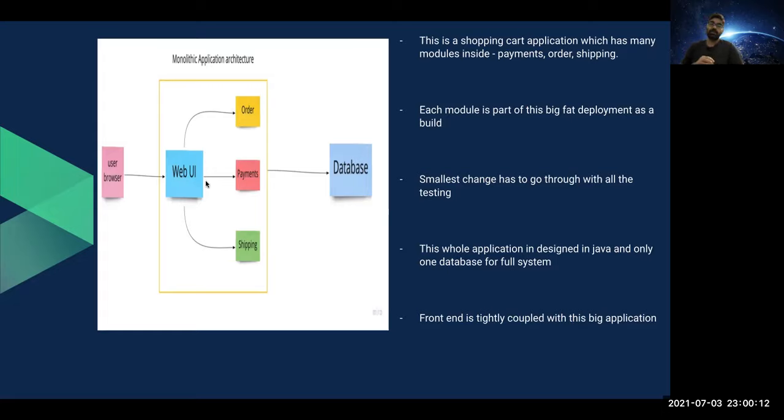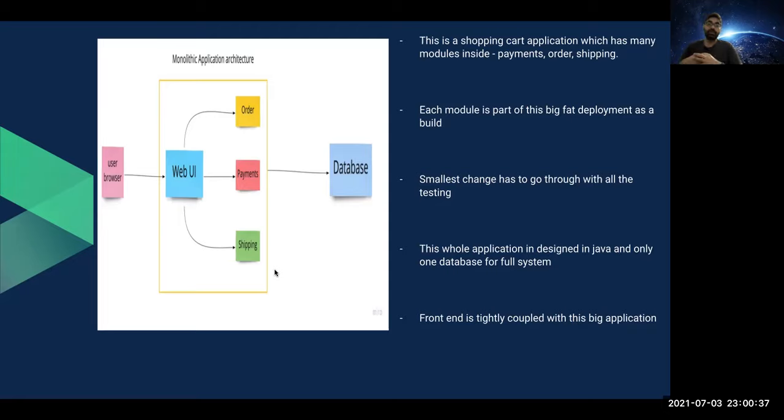Now in a monolithic application type of architecture, we build this whole thing in this box, meaning all the code is placed inside one jar file or one big fat build file, and then it is deployed either in some virtual machine or some cloud environment. But the challenge is, if we need to change anything.